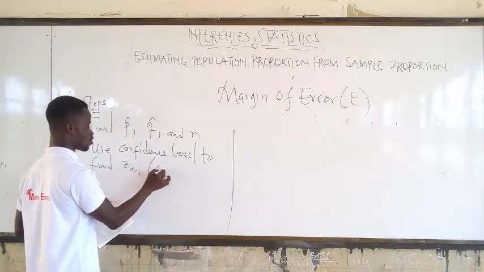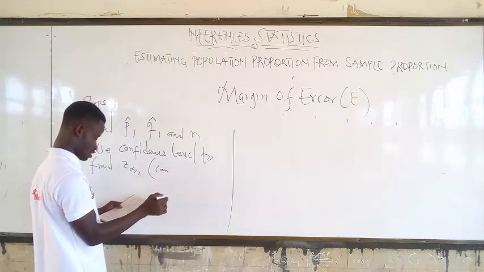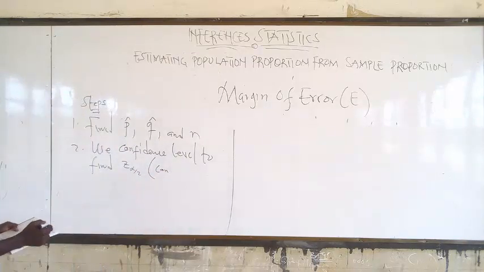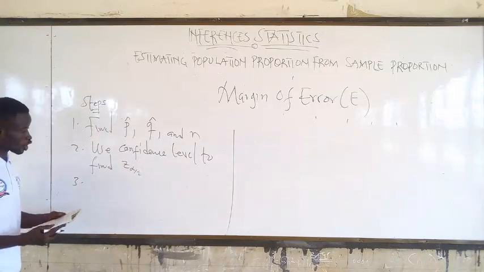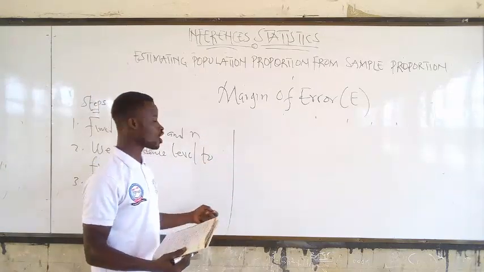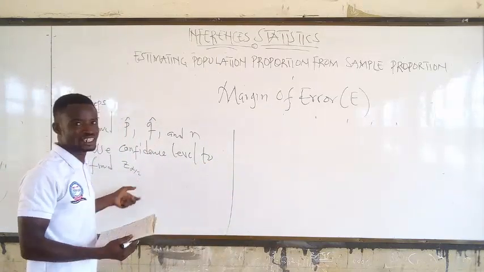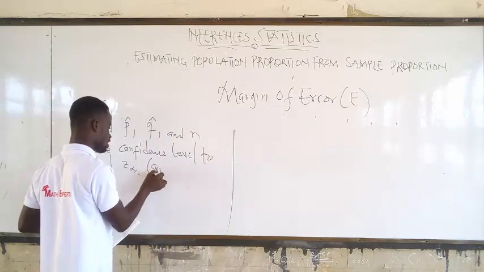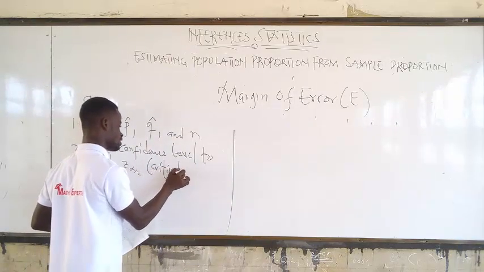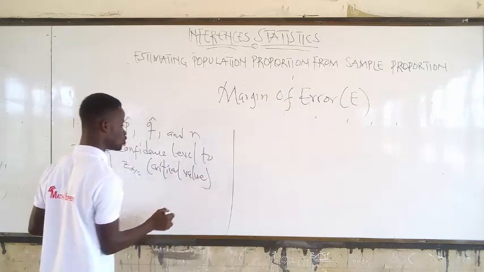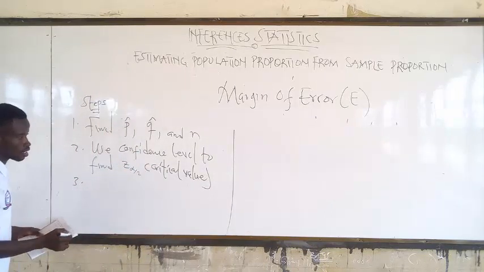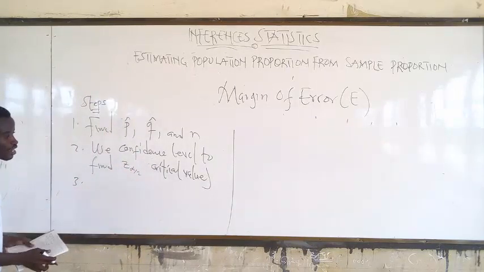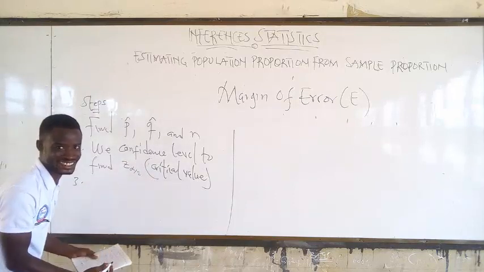That is the what? The confidence. Okay, so you need a confidence level to find Z alpha over 2. That's all. Because you need a confidence level in order to find the critical what? Value. So this is the critical value. Beautiful. Alright.